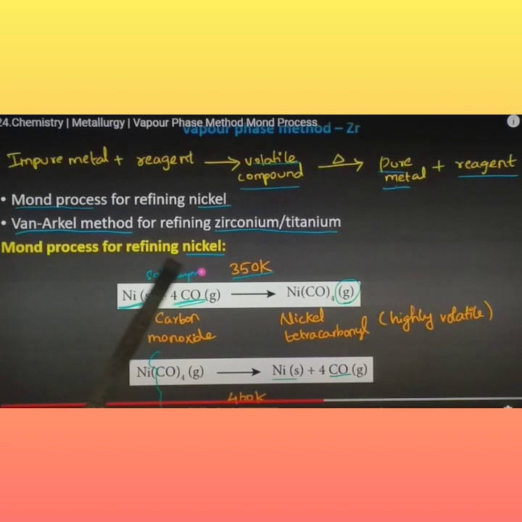First, nickel along with some solid impurities combines with the reagent carbon monoxide and changes into nickel tetracarbonyl, which is highly volatile in nature, that's why it is in the gaseous state. Now at 350 Kelvin, this same nickel tetracarbonyl, a highly volatile substance, on heating at 460 Kelvin undergoes thermal decomposition to give solid nickel and carbon monoxide. This solid nickel formed is 100% pure nickel metal.